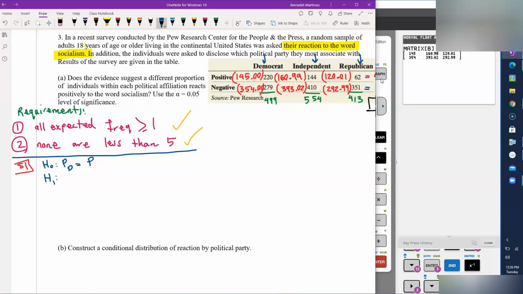That is equal to population proportion for second group, Independent, which is I, equal to population proportion for Republican, which is R. So here we have 3, and for alternative, I will just write at least 1 proportion is different.